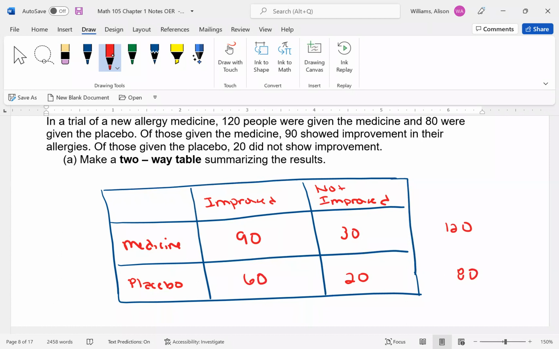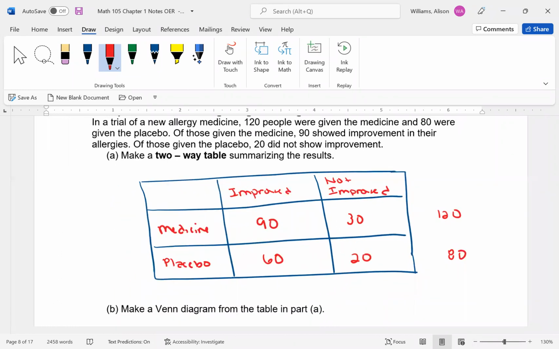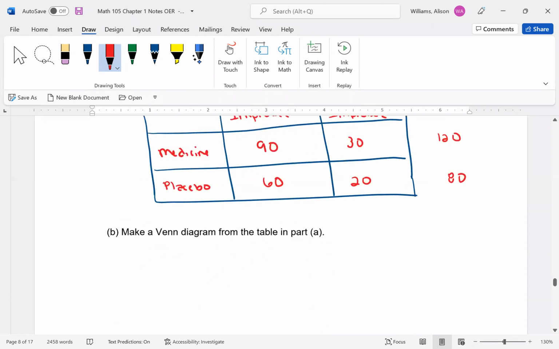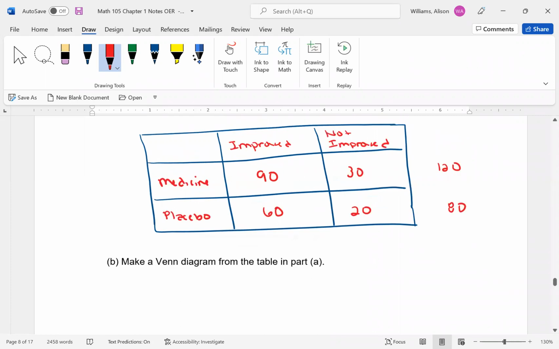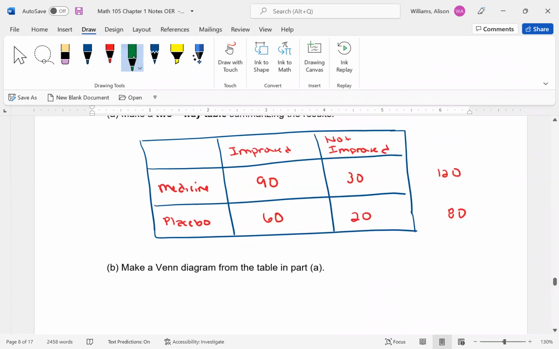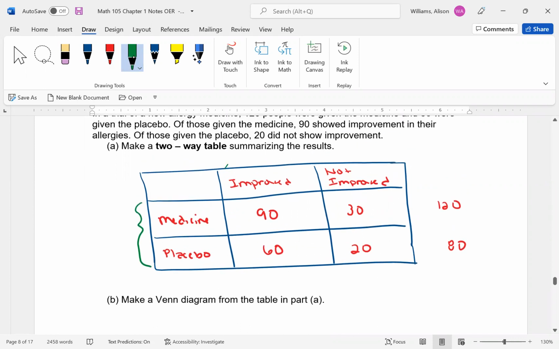All right, so let's make a Venn diagram of this information. I'm going to zoom out a smidge just so I can see the table when I make this. When we do this Venn diagram, we have to decide sets. Typically, you need to make one set from one of these two and one set from one of these two.